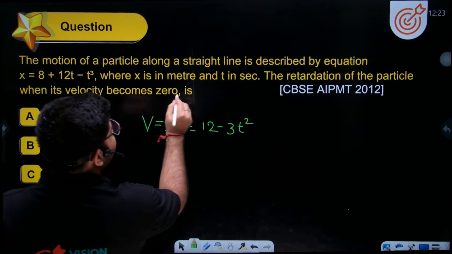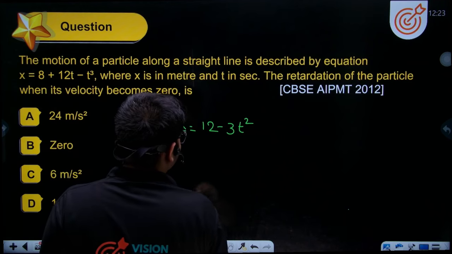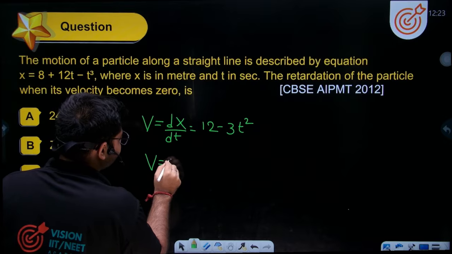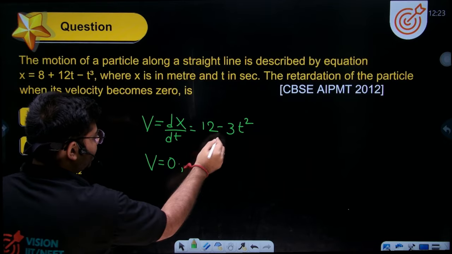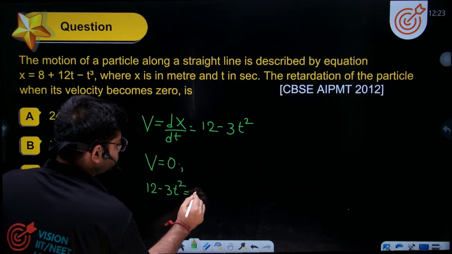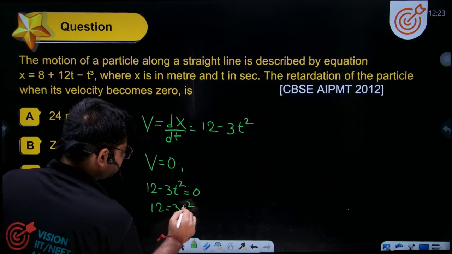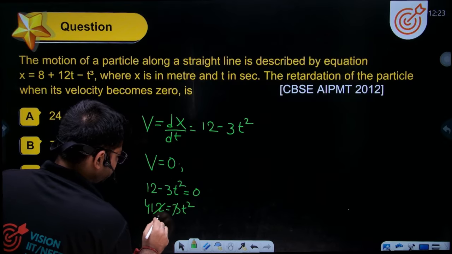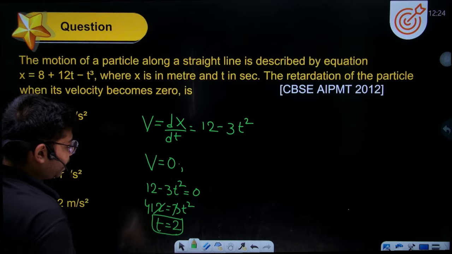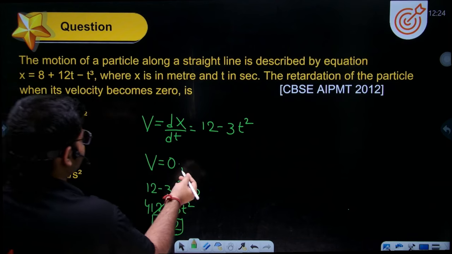Now they have said that when its velocity becomes 0, this term is 0, which means v is equal to 0. So here I can put 12 minus 3t square equal to 0. That will give me t is equal to 2. So at 2 seconds, the velocity is 0.